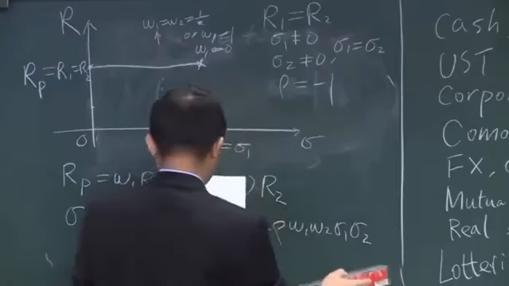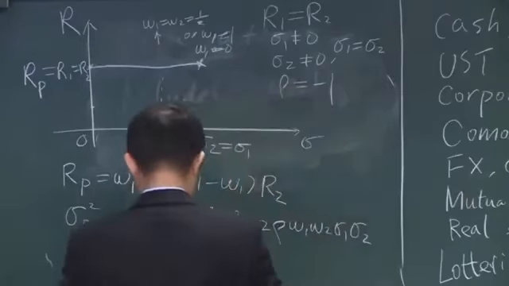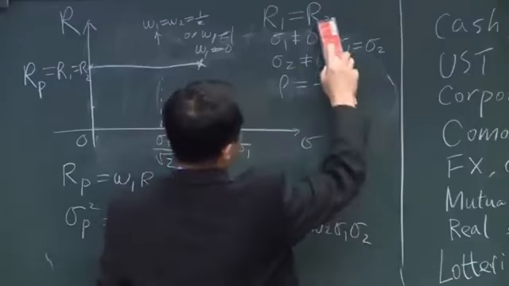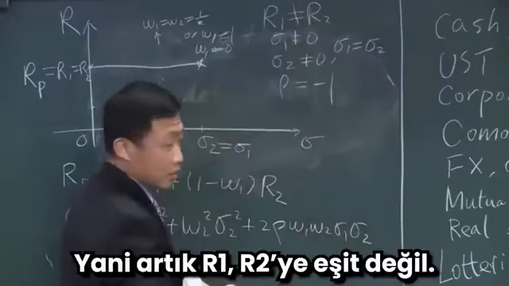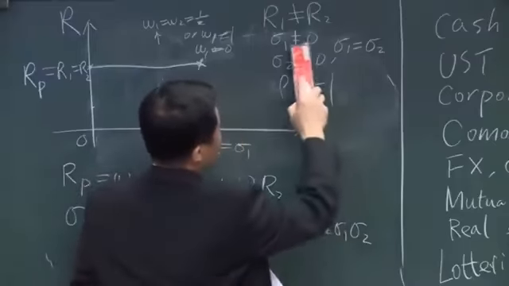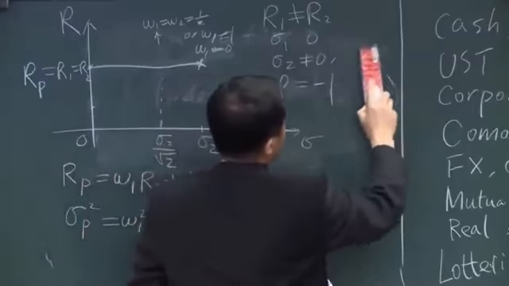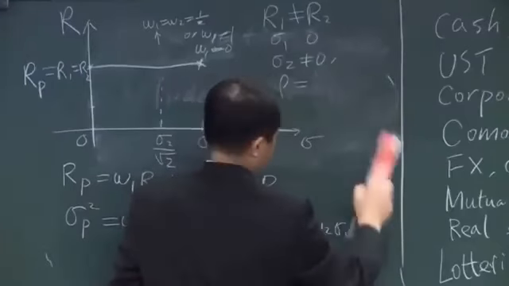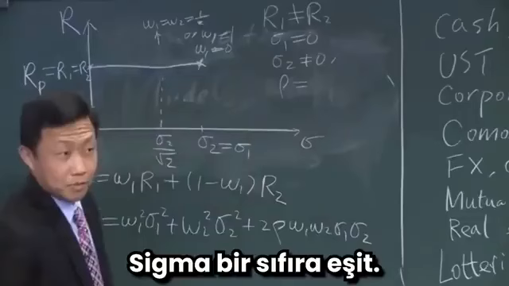So now let's look at R1 not equal to R2 anymore. Sigma 1 equals 0.